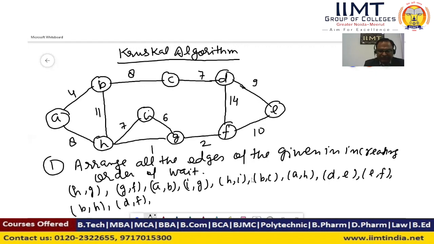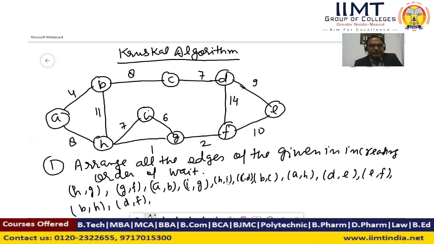Between these we should have 7, so we can write it as h comma i and c comma d, but both have the same weight. So this is the order of the edges. We have arranged all these edges in the increasing order of weight.